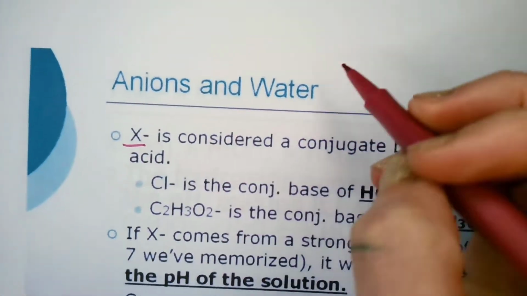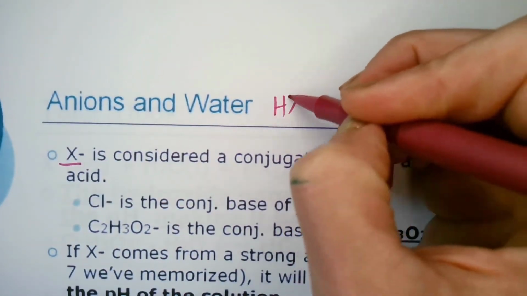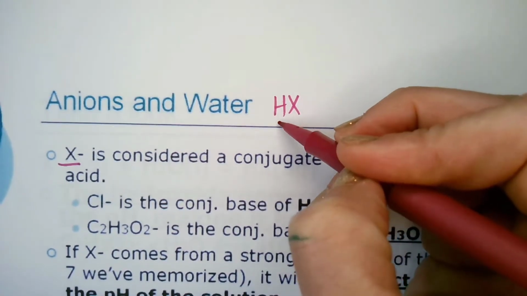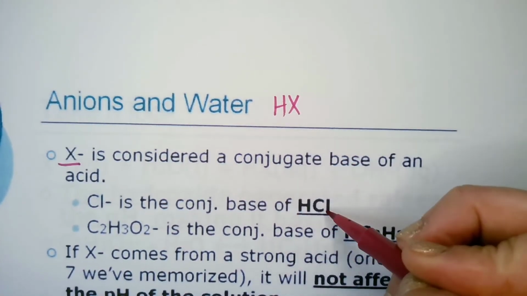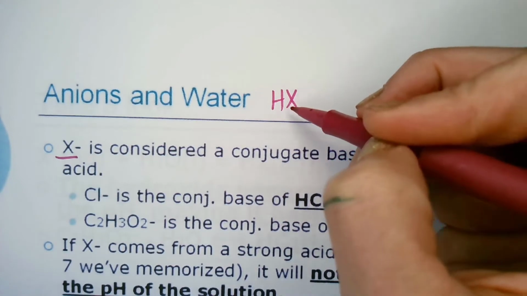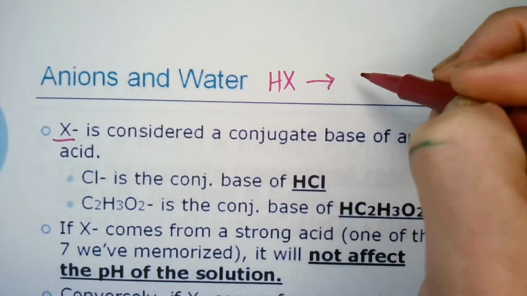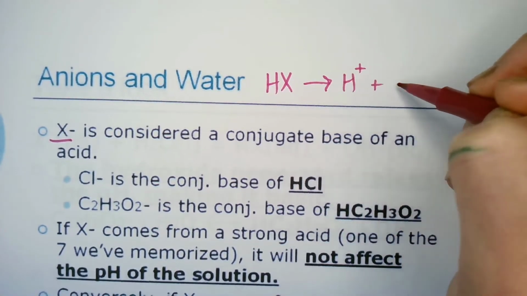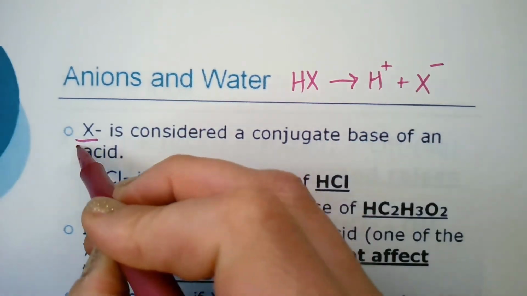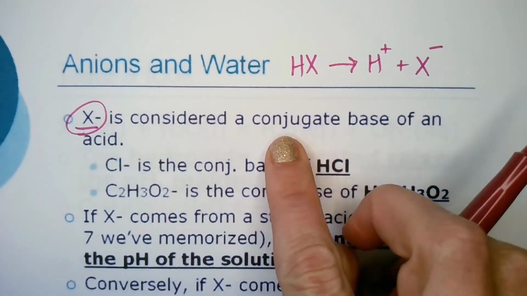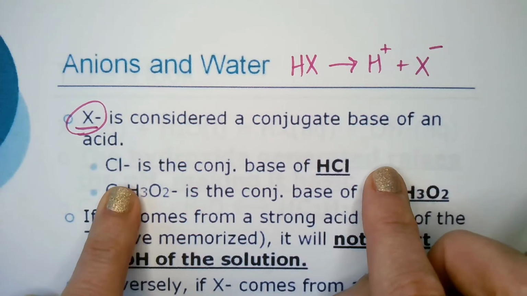Okay, so when we were just talking on the last slide, X negative is the conjugate base of an acid. So when we said HX, this is our acid, right? Like hydrochloric acid. It's going to break apart into H plus and X negative.